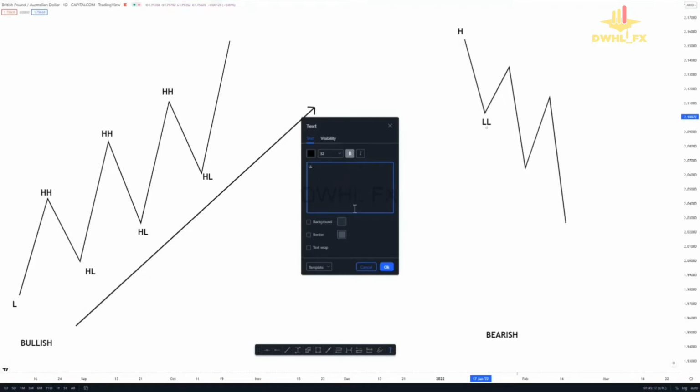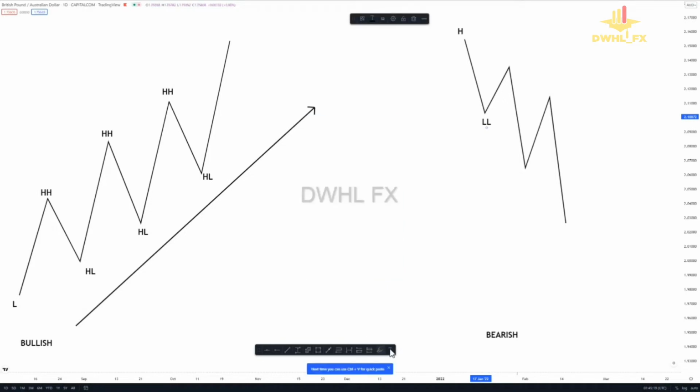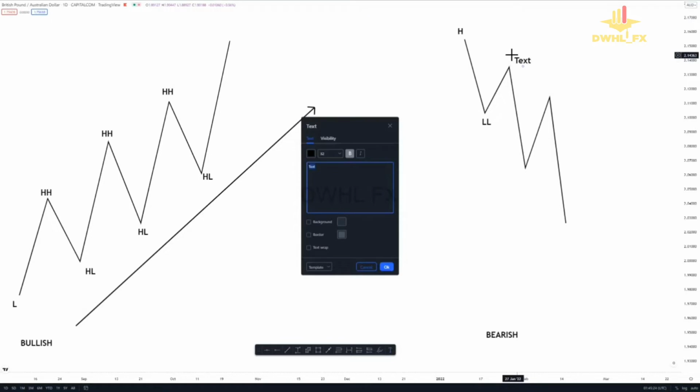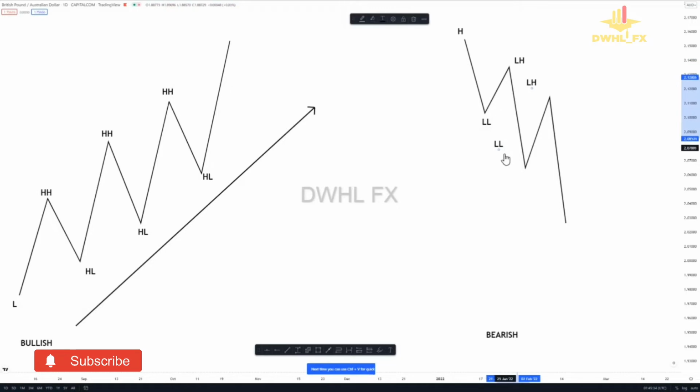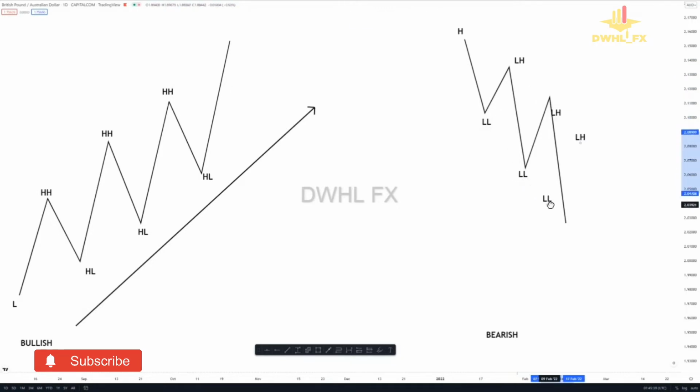We have a lower low created, then price goes on to create a lower high, then a lower low. Very, very simple. So price creates a lower low, a lower high, a lower low.